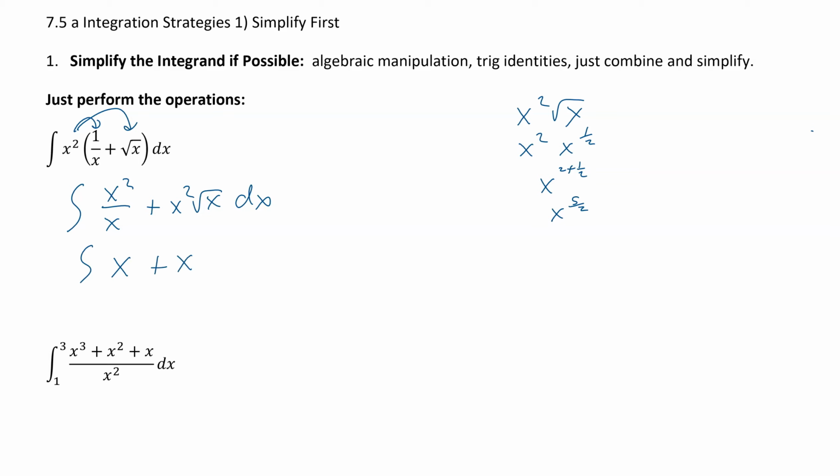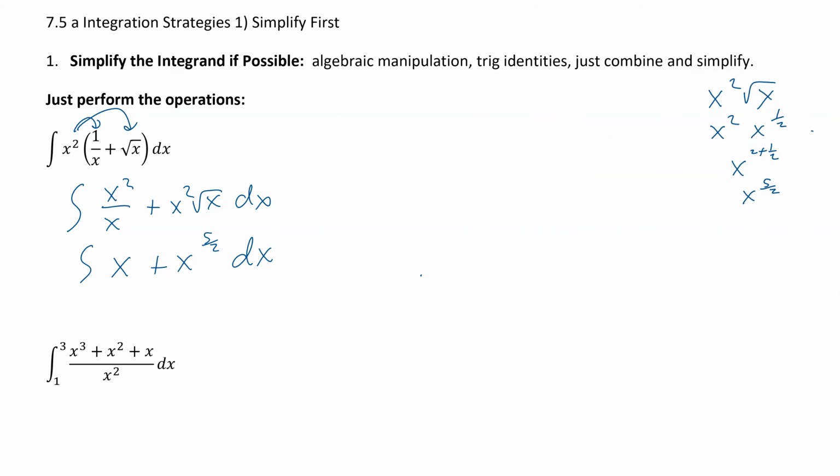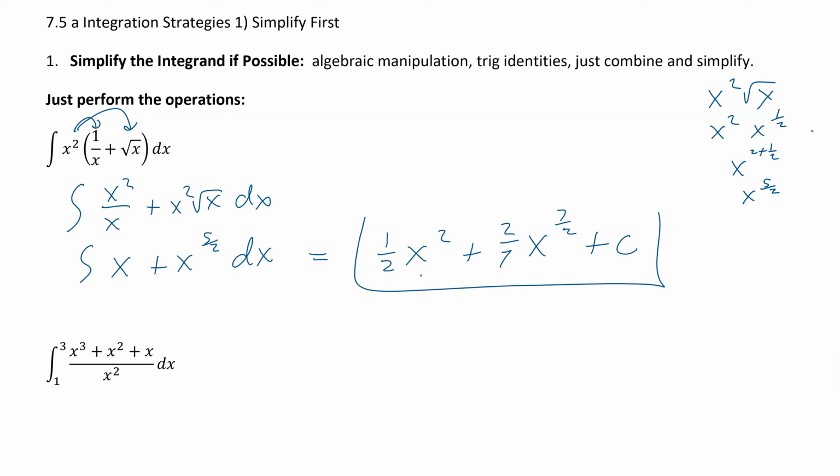So plus x to the 5/2 dx, and now we can just do our straight integral. This is equal to 1/2 x squared plus 2/7 x to the 7/2 plus c. And there you go.